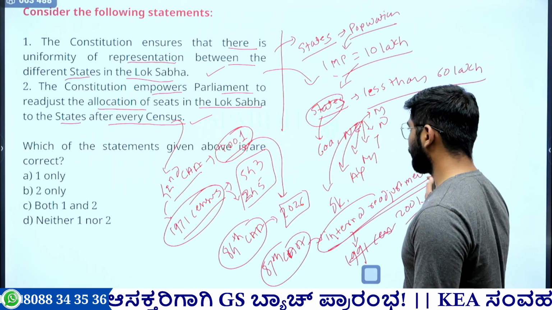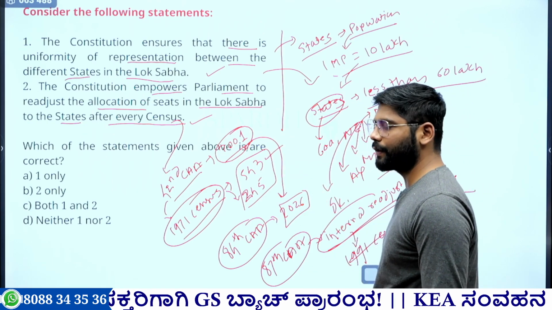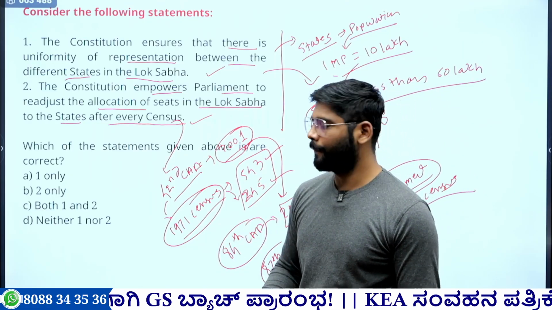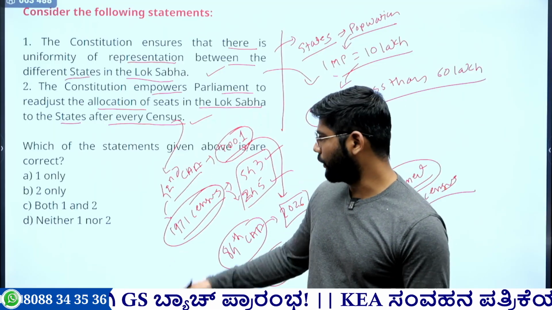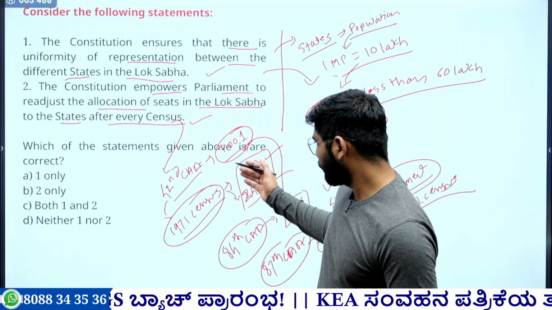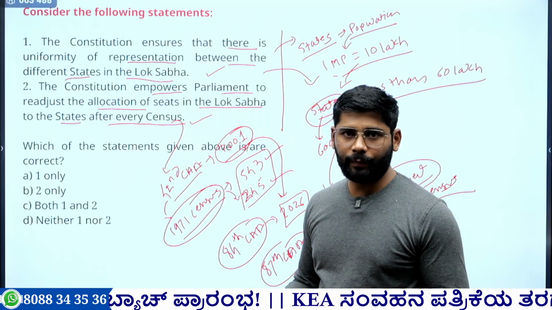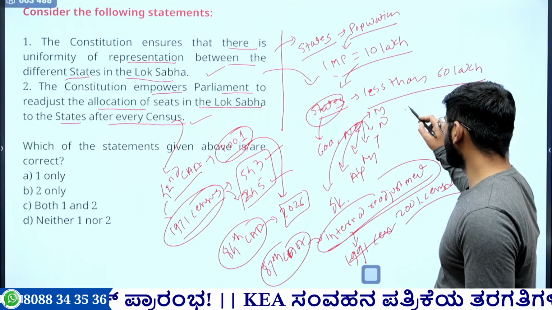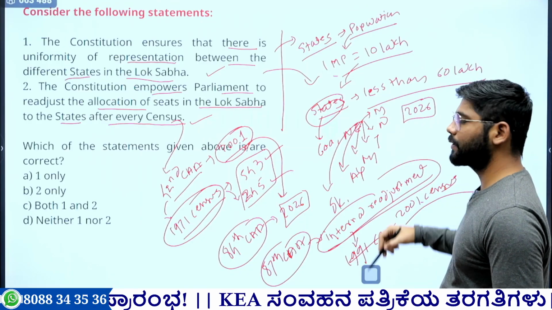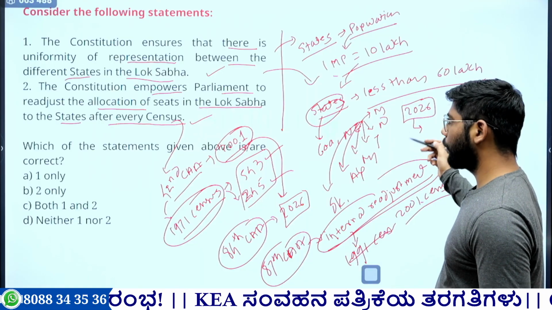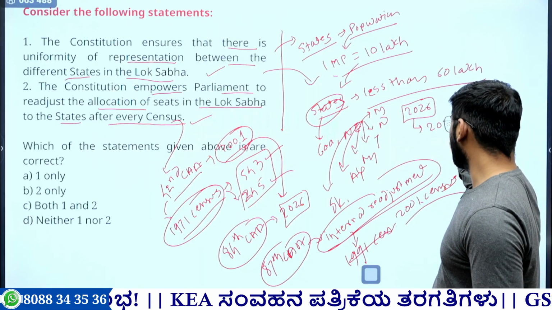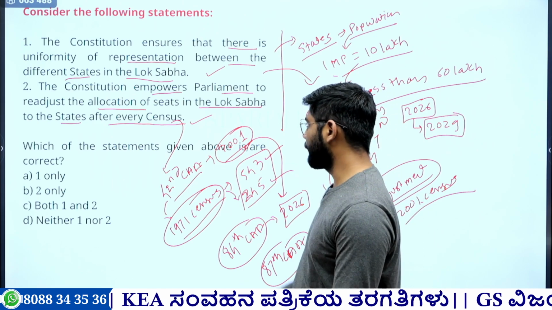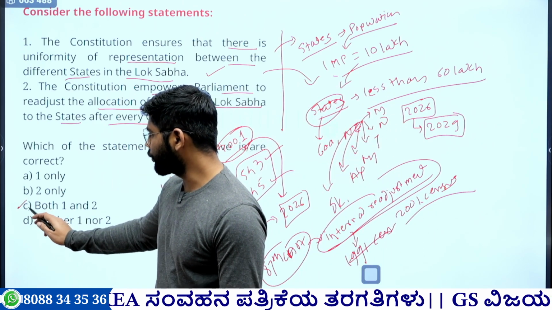But it is an internal adjustment within these 543 seats and 245 seats; the total allocation of seats to a particular state did not change. So from 1971 or 1976 the seats have been stable, but they are supposed to increase after every census, meaning after 10 years. Now the government is conducting a census in 2026 and is planning to reallocate seats for the Lok Sabha which will be constituted in 2029. We will see this in a separate topic, but here both statements are correct.